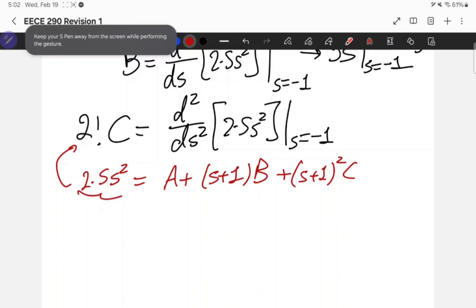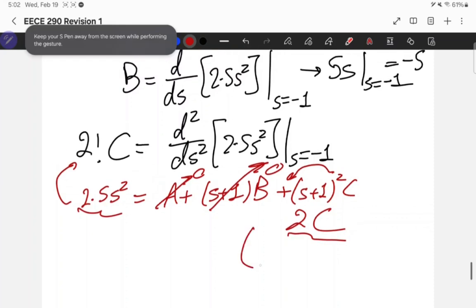C, I do the derivative 2 times. This goes to 0 anyways. I derive this once, I get b. I derive this twice, b goes to 0. I derive this once, I get 2 s plus 1. I derive this again, I get 2 into 1 times c. So I get a factor of 2 in here. And this follows if I have s plus 1 cube d, I have 3 factorial d.